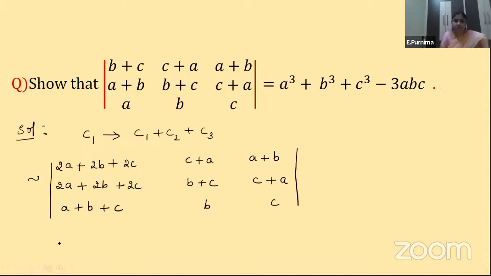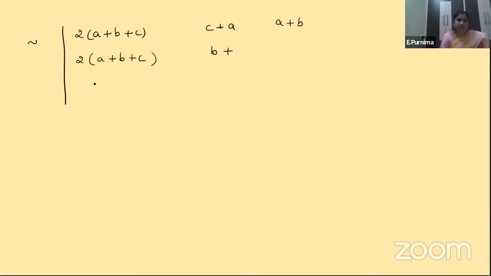Is it clear? Now, in the first two elements of the column 1, we can take 2 common. Isn't it? So let us write that element after taking common. 2 into A plus B plus C, 2 into A plus B plus C. Here it is C plus A. Next is A plus B. And next one is again 2 into A plus B plus C. It is B plus C. It is C plus A. Next here it is A plus B plus C. Here it is B. Here it is C. Okay, children.